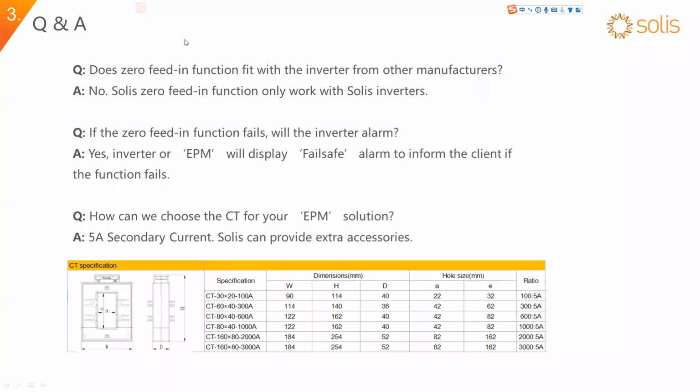So EPM 5G is okay. EPM 5G doesn't require the neutral. But EPM 5G plus, because it has a meter inside, the meter requires a neutral for the voltage reference. So EPM 5G plus may not be used in Philippines, but the EPM 5G can be used.